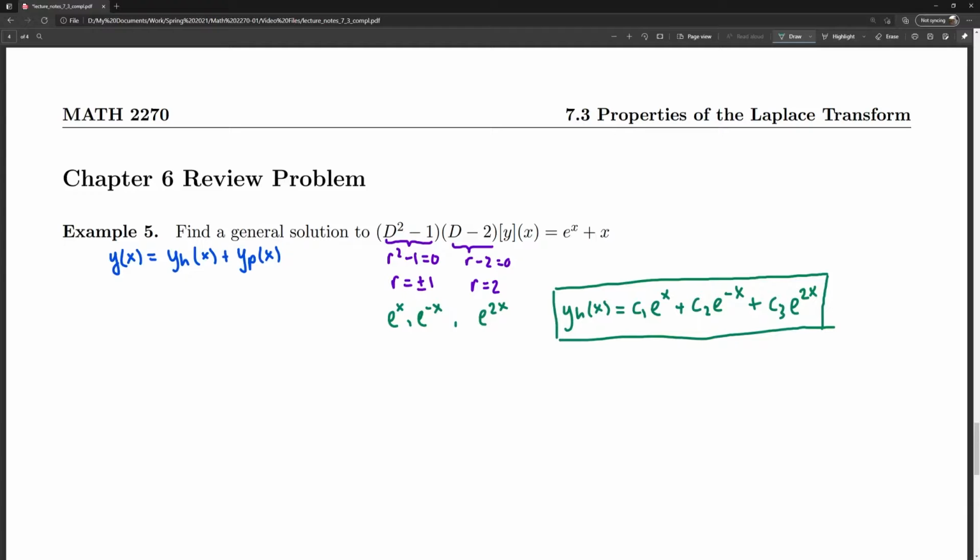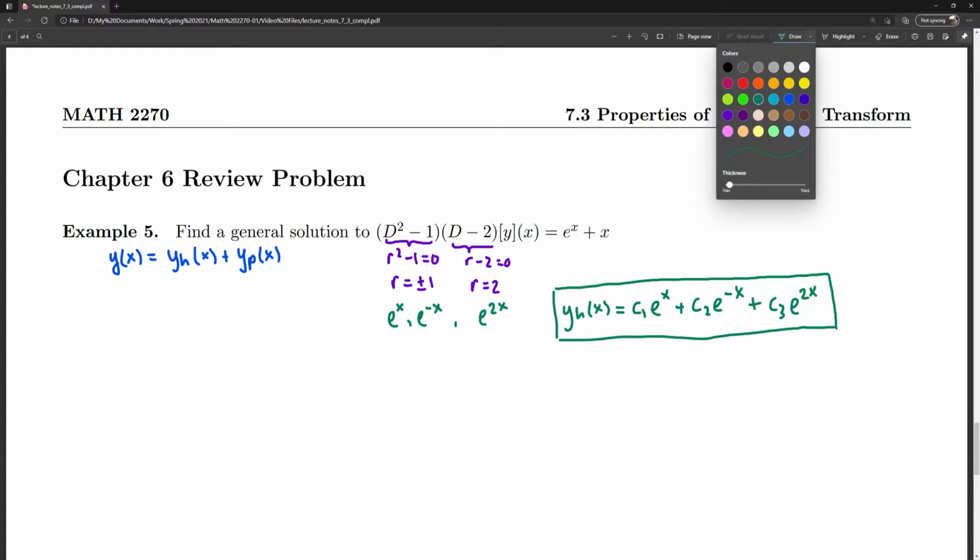But what I will do is I will solve this problem using annihilators. Because the particular solution will actually be two parts, a particular solution for e to the power x and a particular solution for x.